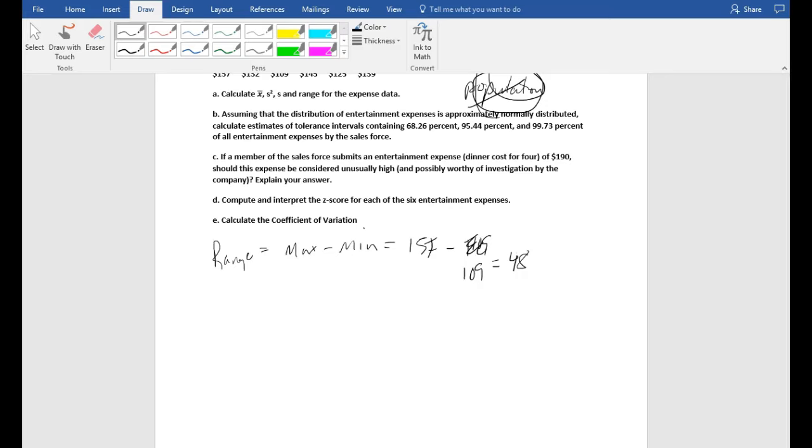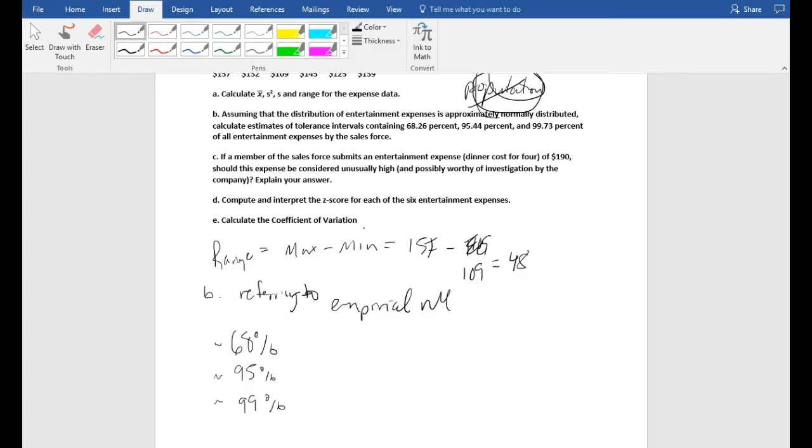B is referring to the empirical rule. So the 68%, let's say around 95, we'll just say 99.